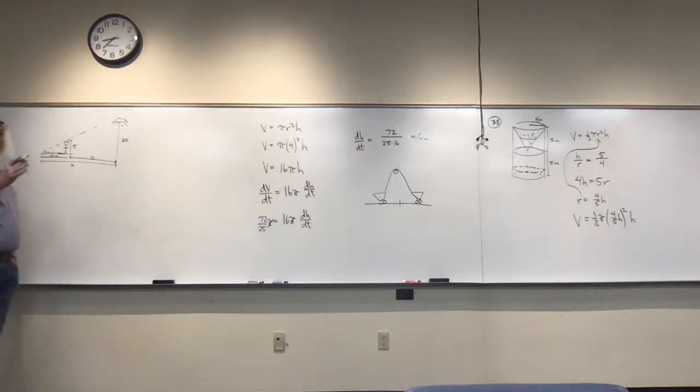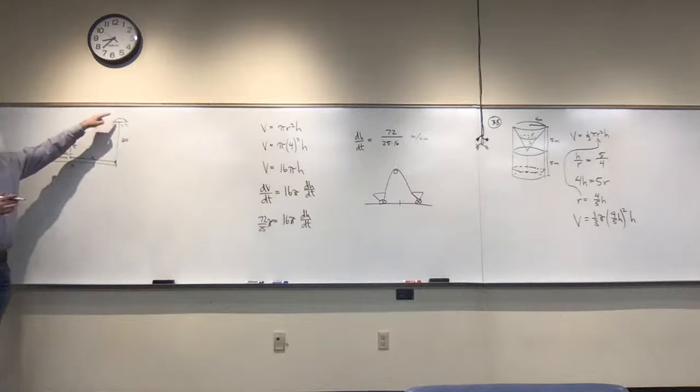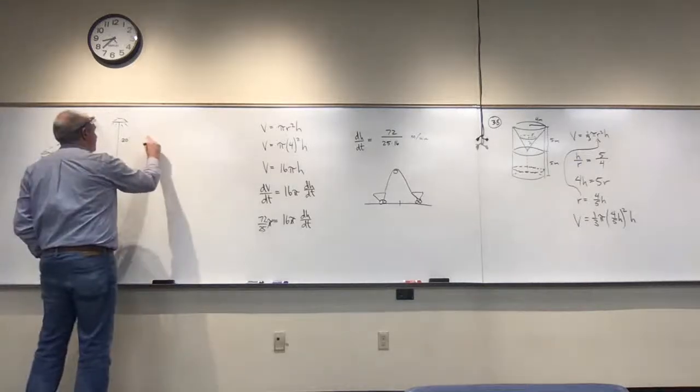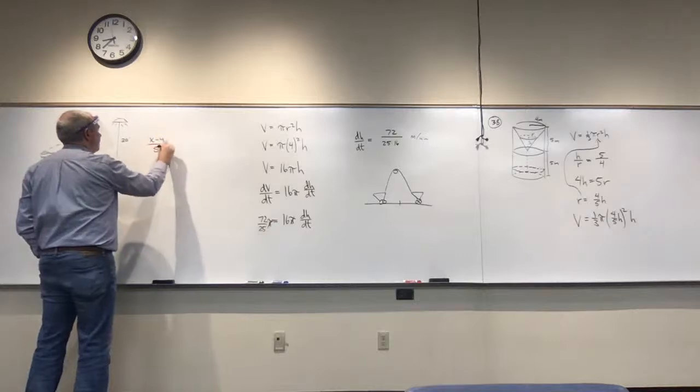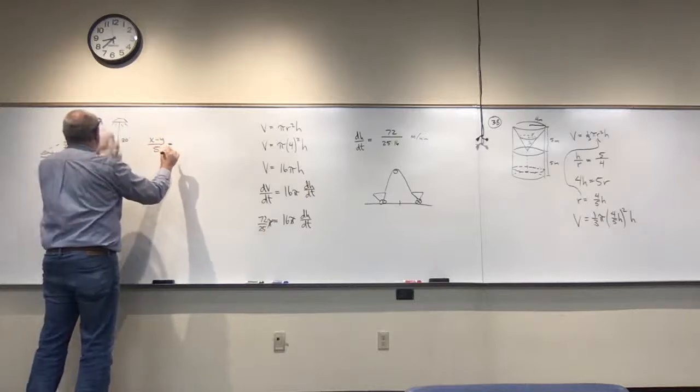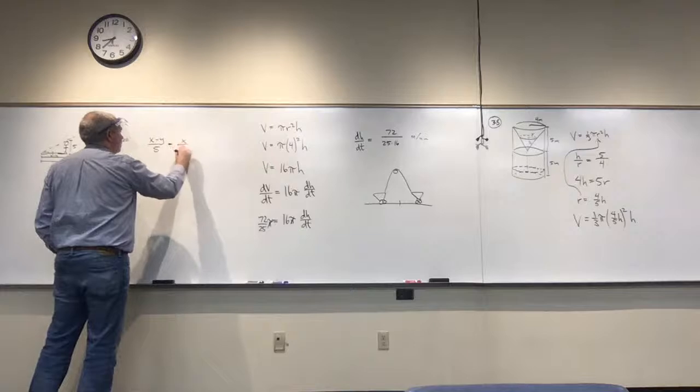So now I still have similar triangles, just like I did before, but now my relationship is x minus y is to 5 as x is to 20. So I could say that (x minus y) over 5 is the same as x over 20.